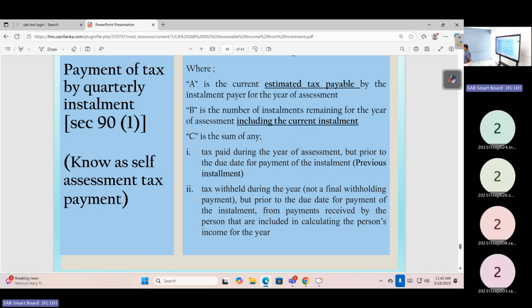The person who pays that rent is deducting 10% withholding tax. At the end of the year, he makes an annual statement, by 30th, as a tax agent responsibility, and submits it. In this statement, he has to declare all the details of to whom the rent has been paid, what tax amount was deducted, the withholding certificate, and everything.